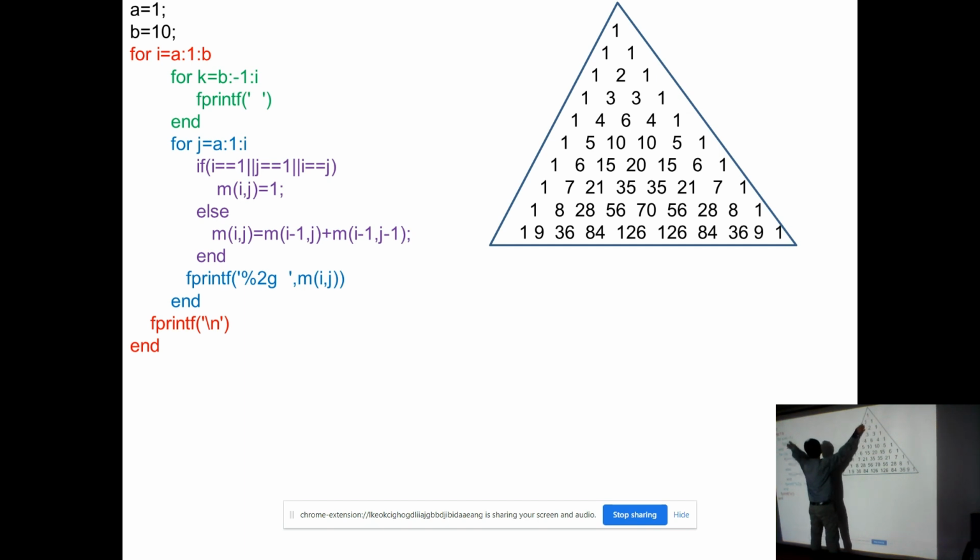Next time 10 to 3, so the cursor will end up here only, because 10, 9, 8, all are spaces only. So every time your i is changing, your space is changing.